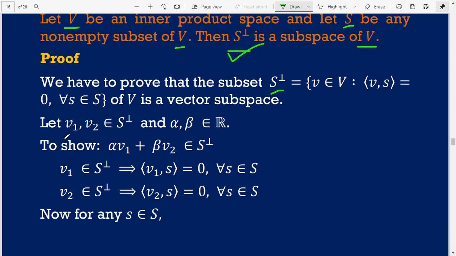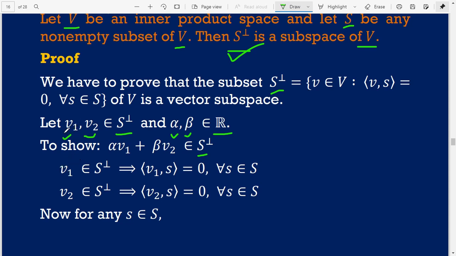So let V1 and V2 belong to S orthogonal and alpha, beta belong to R. We need to show alpha V1 plus beta V2 belongs to S orthogonal.